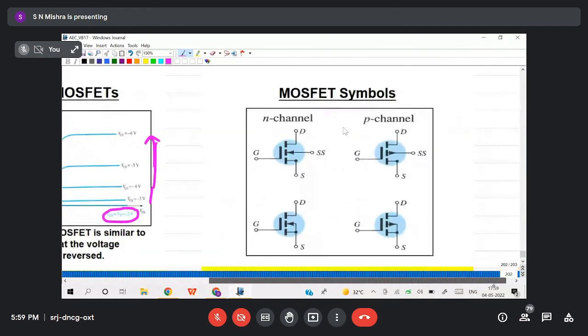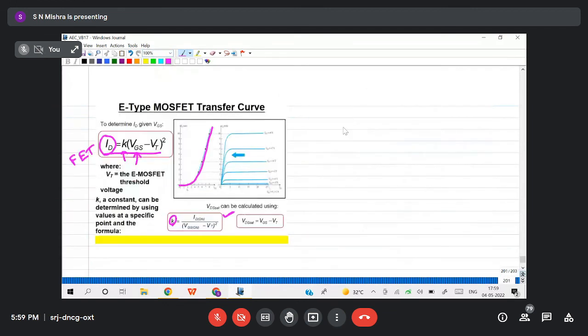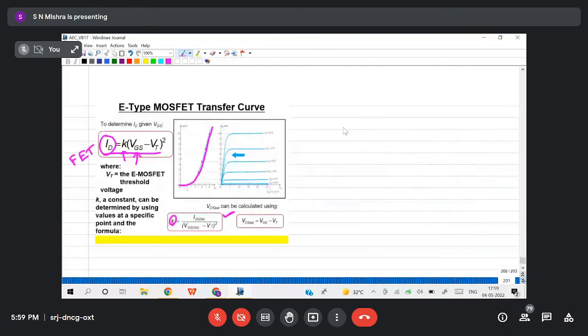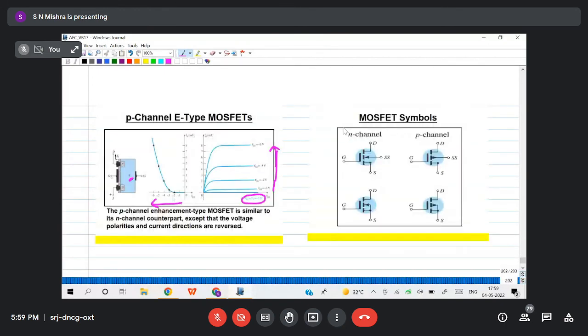And symbol wise, any difference to mark here? Previous symbol and this symbol? You do not remember the previous symbol. Let me show that one. See this one, this symbol and this symbol. Any difference?